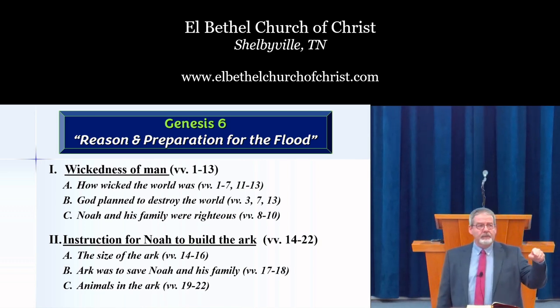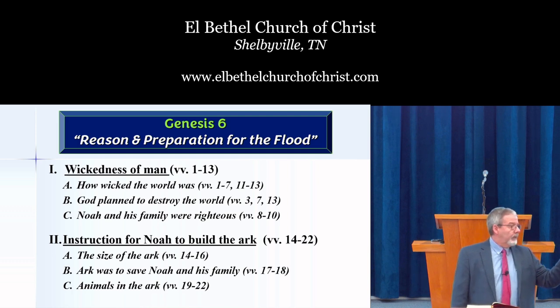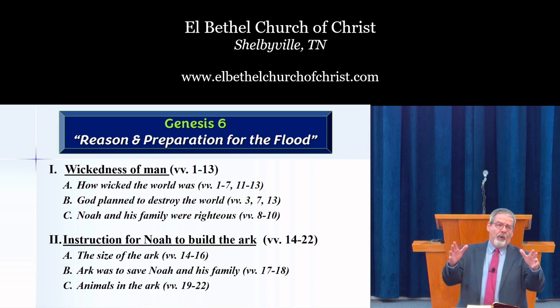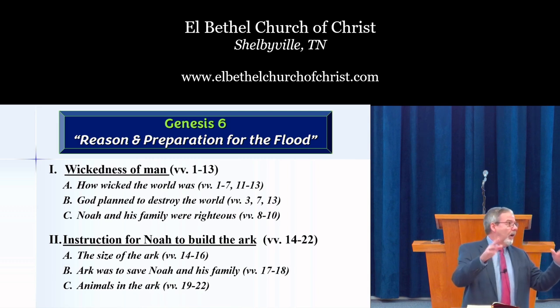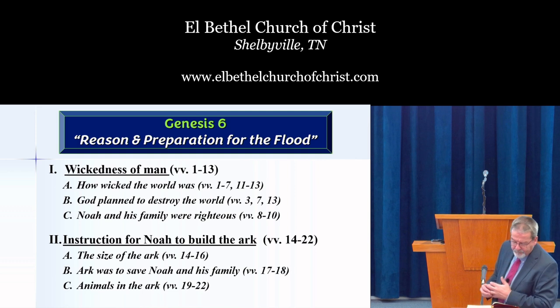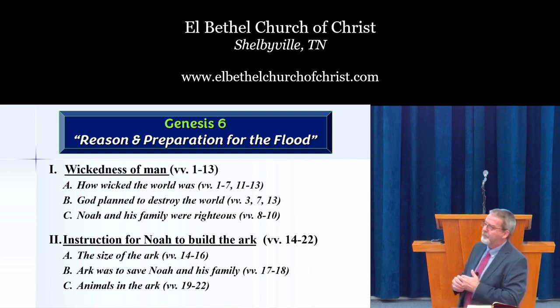Every intent of his heart was always on evil, continually doing evil. That all he thinks about is doing wrong. All he thinks about is doing evil. All he thinks about is sinning. So man is quite corrupt, to the degree that God's attitude was, verse 6, yeah, he's ready to destroy the earth.